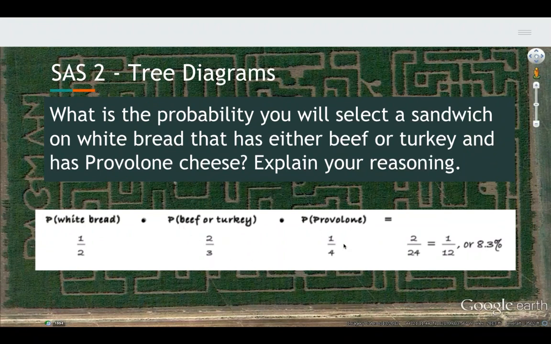And then provolone is 1 of the 4. So 1 times 2 times 1 is 2 out of 24, or 1 in 12, or 8.3%. Notice that I leave both percentages and the fraction in there, because the answers can come either way. You need to be able to go between fractions and percentages.